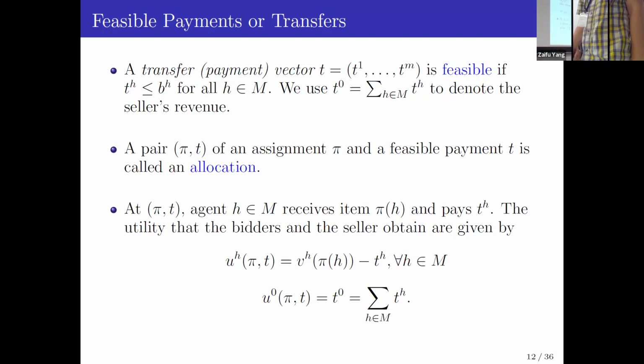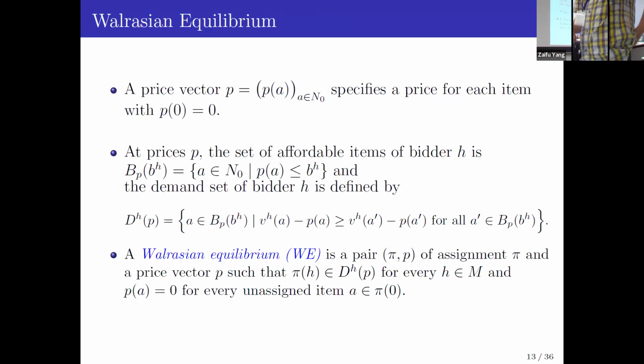Okay, now we have a competitive equilibrium. For each item, we give a price. For the dummy, the price will always be 0. Then we define the set of affordable items: any item whose price is below your budget is fine.